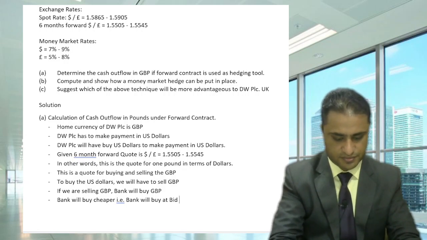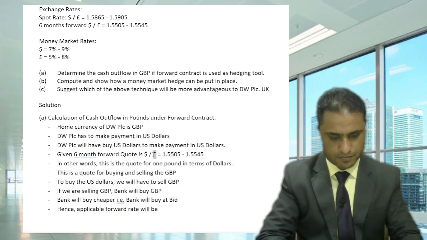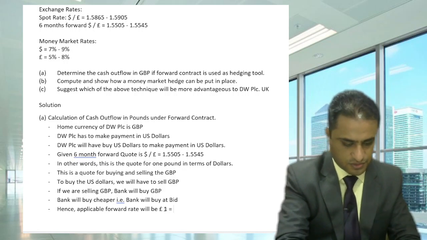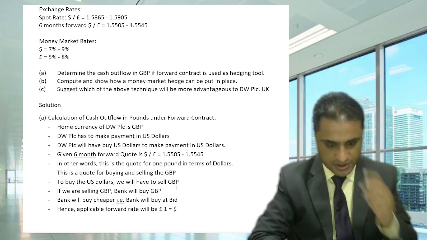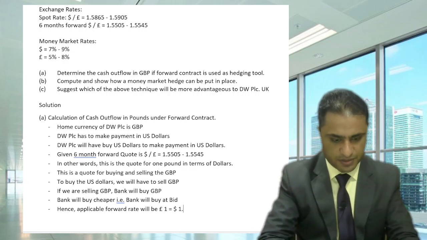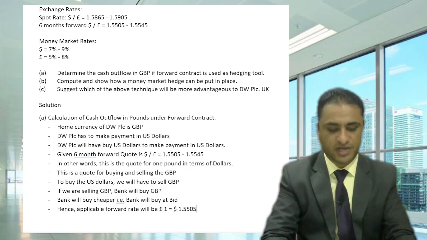Hence, the applicable forward rate will be pound 1 is equal to dollar. Now let's see which is the cheaper rate, 1.5505 or 1.5545. It will be 1.5505.